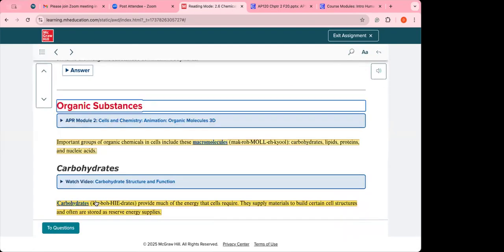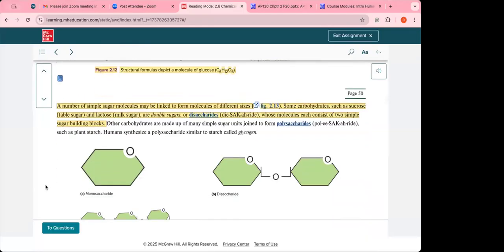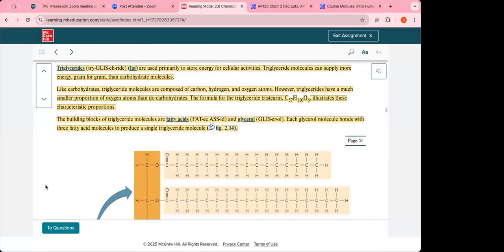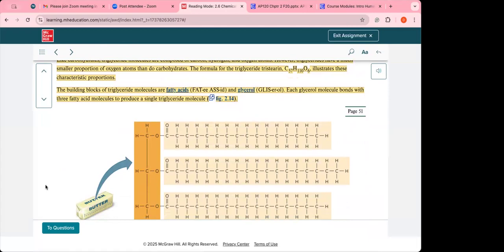Carbohydrates serve as energy sources, so it's not carbohydrates. Lipids serve as long-term energy sources.